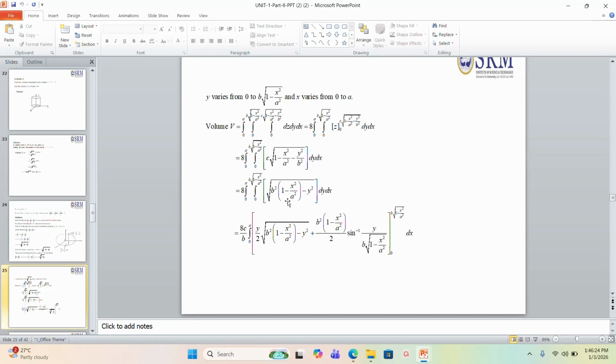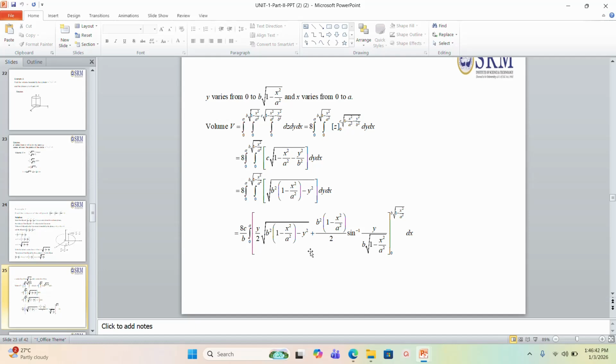So what is a? After taking the square root, a is b into root of 1 minus x square by a square. Now the y limit is 0 to b into root of 1 minus x square by a square.